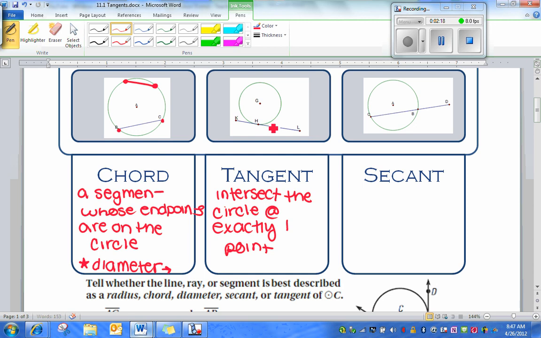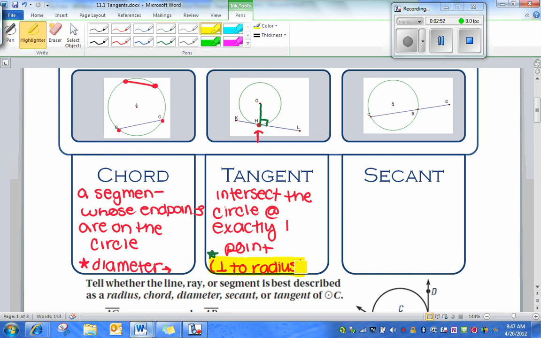See how this is a tangent line, KL is a tangent line, and its point of tangency is H. An important fact is that it's perpendicular to the radius at that point of tangency. Meaning, if I were to draw the radius from G to H, since KL is a tangent line, I know it's perpendicular to that line. And that's going to come in handy later on. So this is a really important fact here.